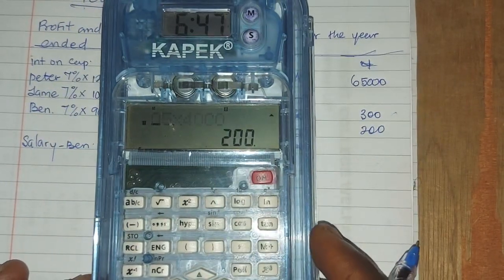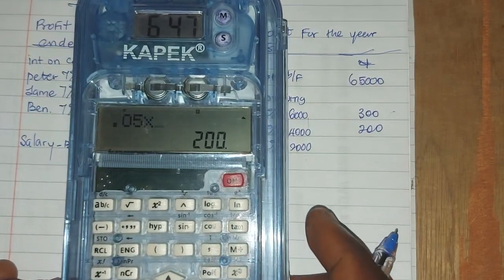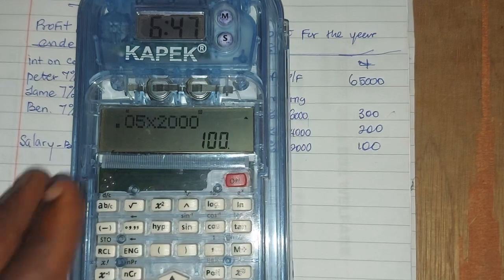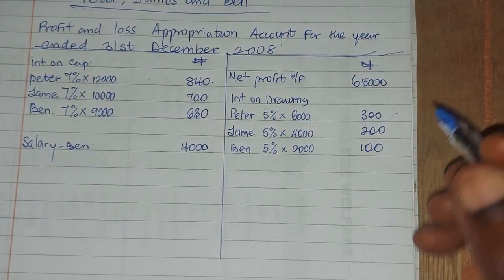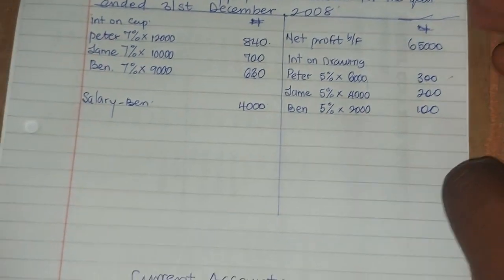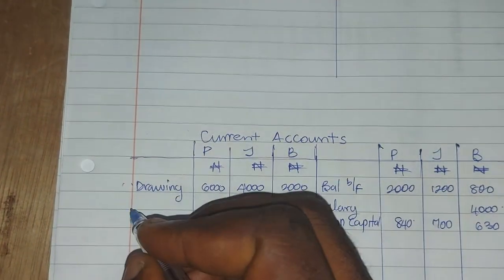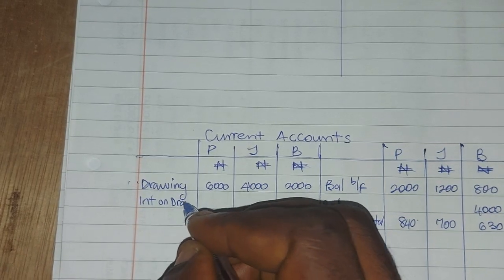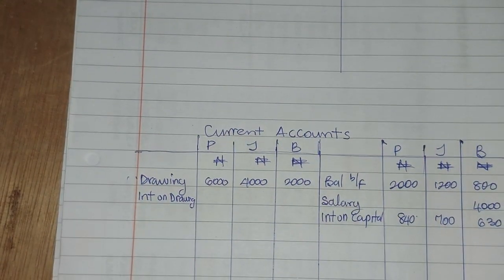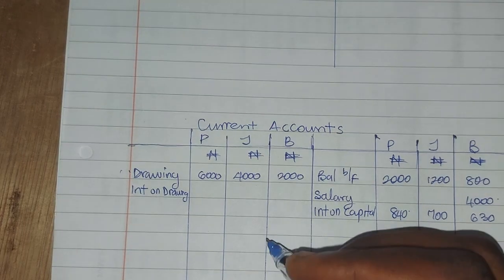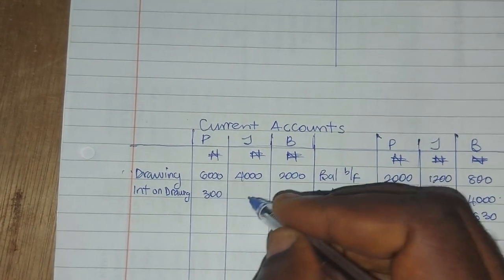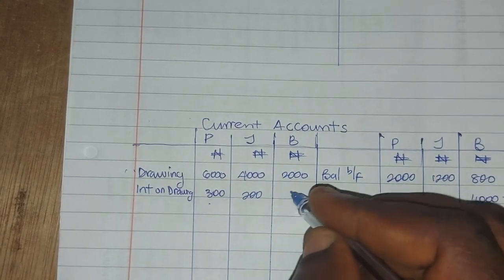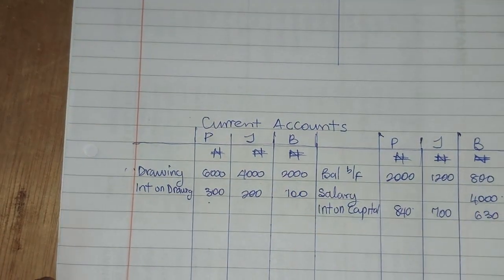Then lastly we have 0.05 times 2,000, and that gives 100. Okay. Then you have debited this. You have credited this. You need to debit interest on drawings. On drawings, you debit the current accounts. So we have 300, 200, and 100, and that's all.